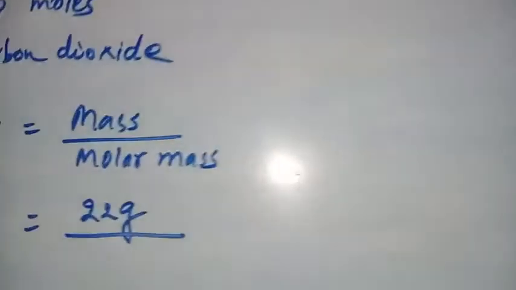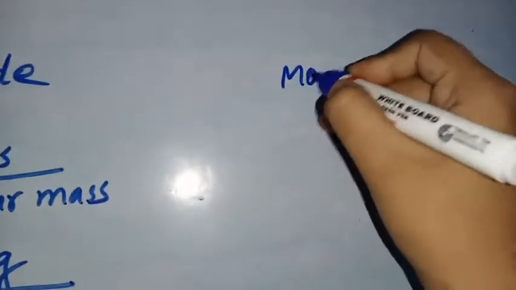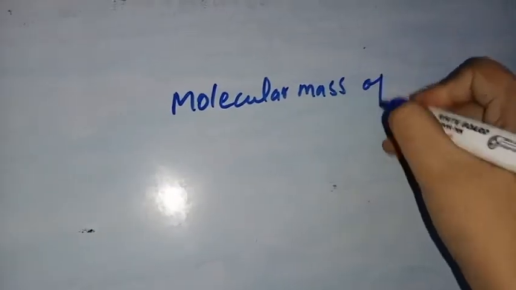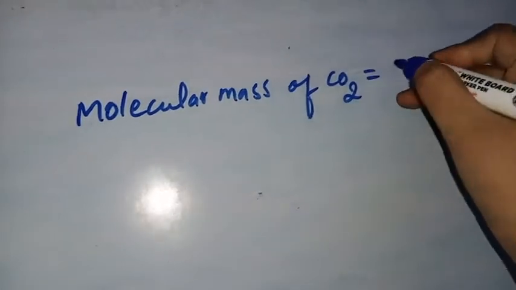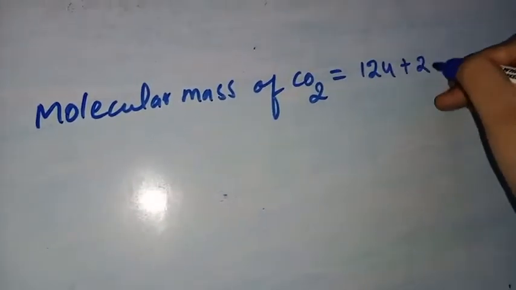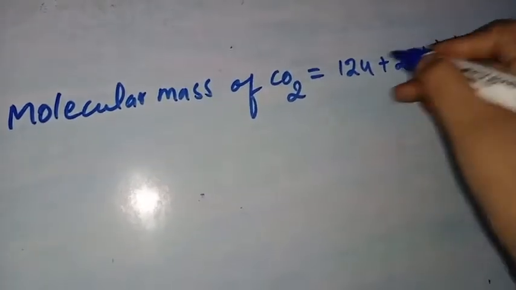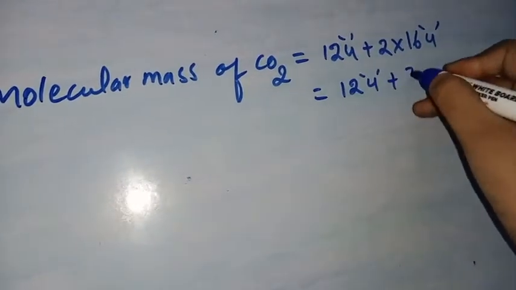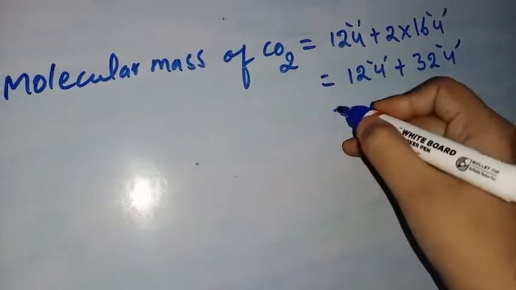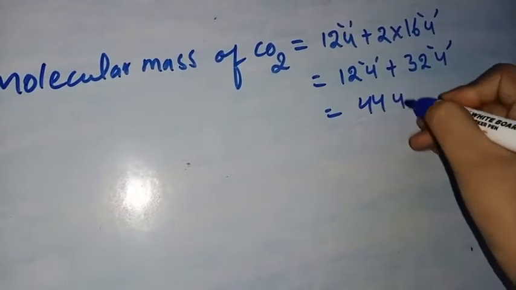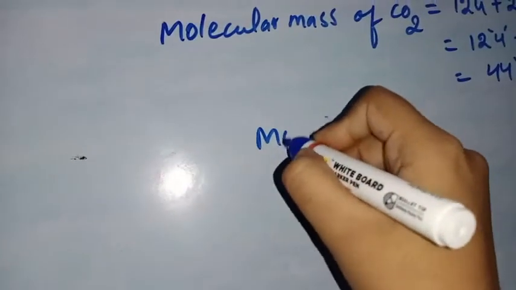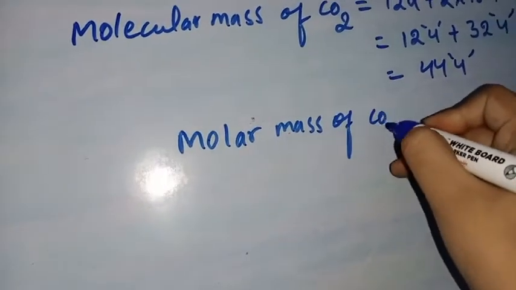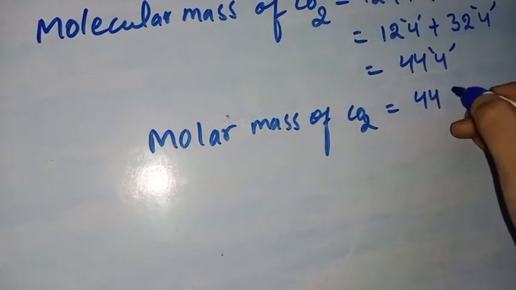We have to calculate that. For that we need the molecular mass also. So the molecular mass of CO2 is equal to 12 u plus 2 into 16 u, so we are getting 12 u plus 32 u, which is equal to 44 u. So the molar mass of CO2 will be 44 gram.